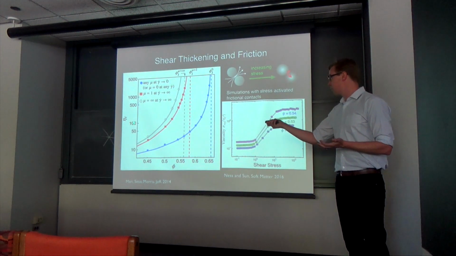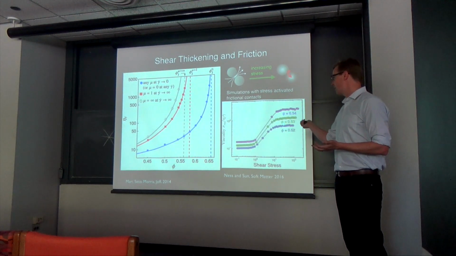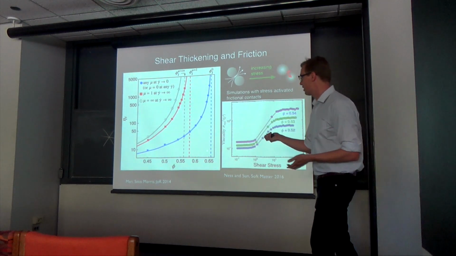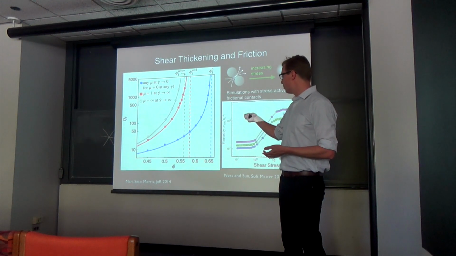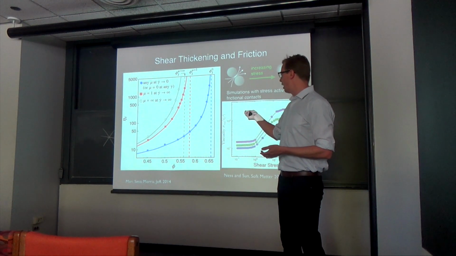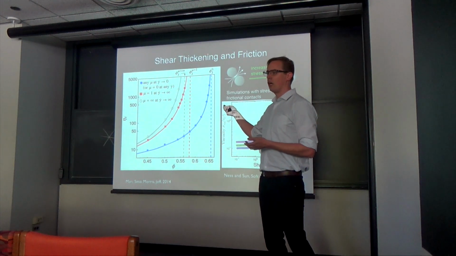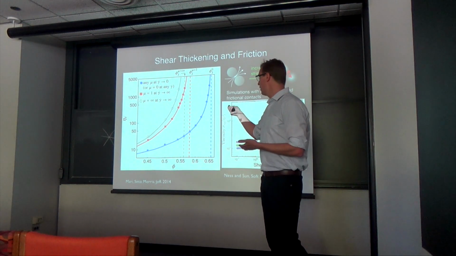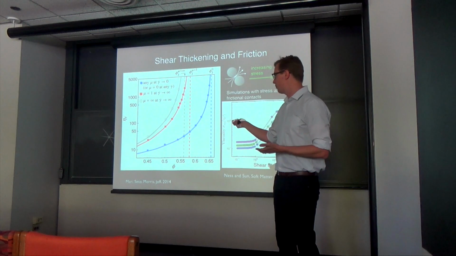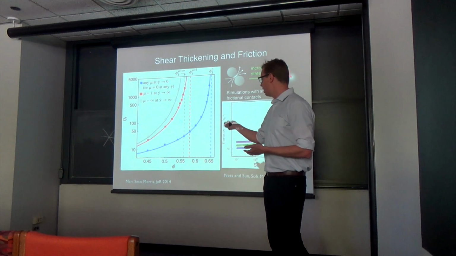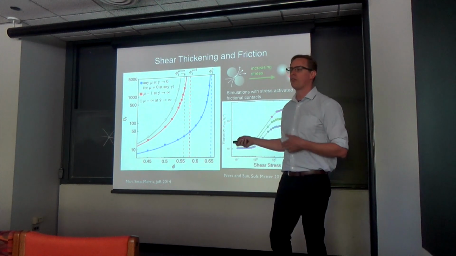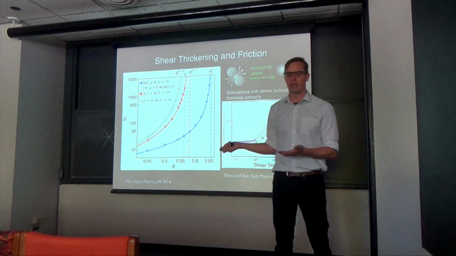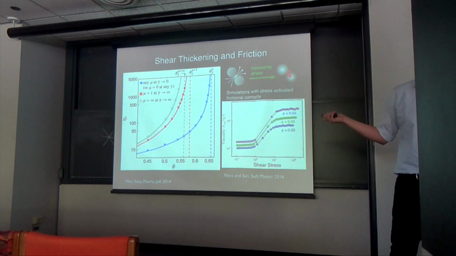If they plot these two different viscosity plateaus against the volume fraction, you see the two different branches that I showed you earlier: this lubricated or frictionless branch, and then this upper shear thickened or frictional branch that depends exactly on the coefficient of friction between your particles. And then you can understand shear thickening as moving from one branch to the other as you increase the shear stress and the fraction of frictional contacts.